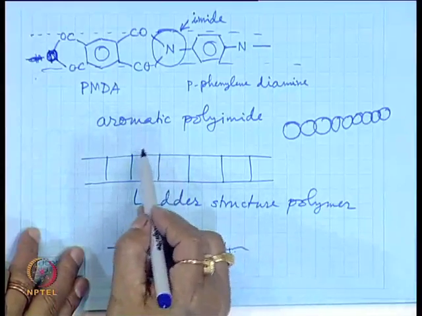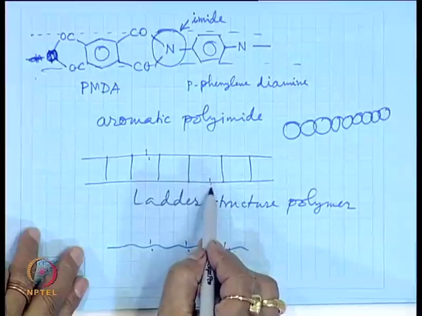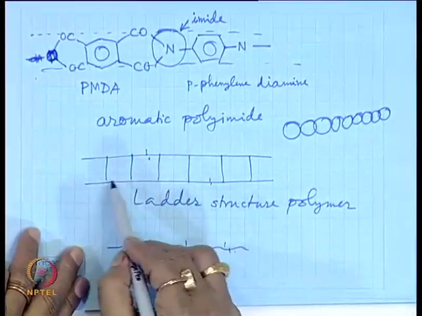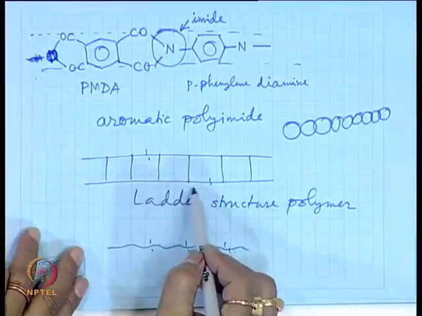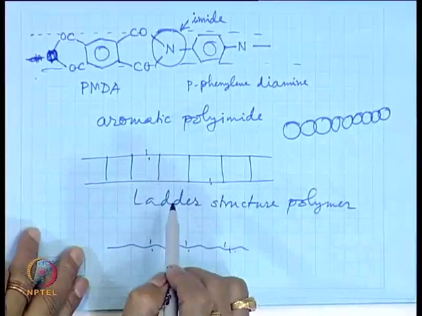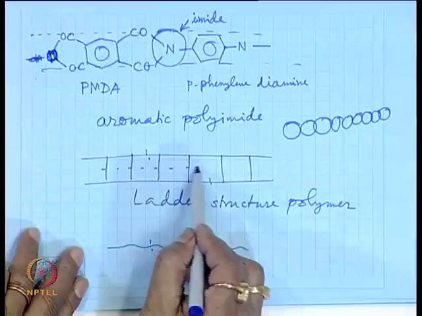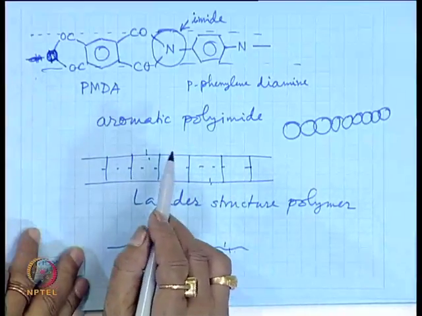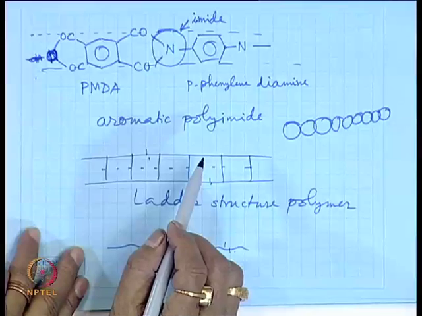But here, even if it breaks at one point, the structure will still be maintained, because this chain is linked to this chain by these interlinking ring structures. The probability is very less that all these interlinks will also be broken, rings will also be pyrolyzed. That possibility is remote.